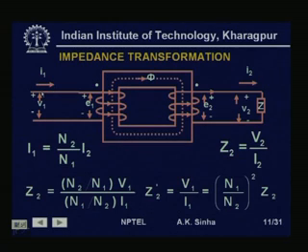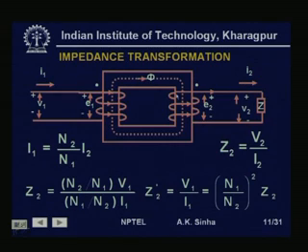If we have a voltage V1 applied across winding 1, and a voltage V2 across the terminals of winding 2, and we put a load Z across the second winding terminals, then we have a current I2 equal to V2 by Z flowing in the second winding.